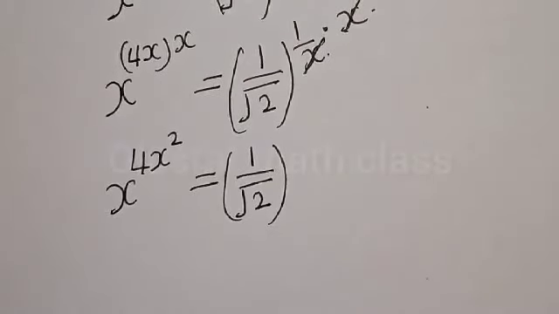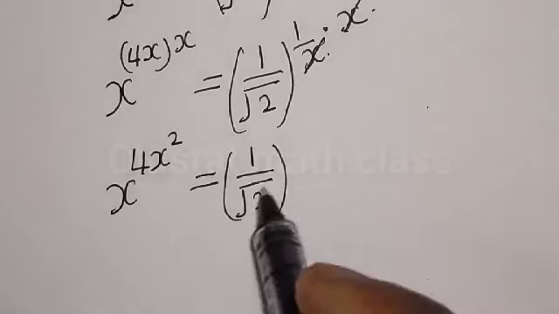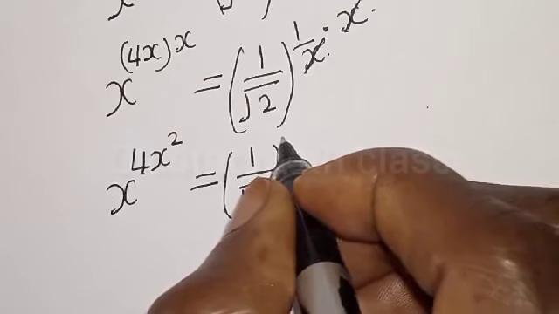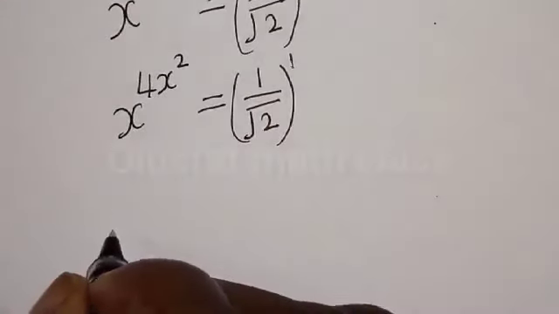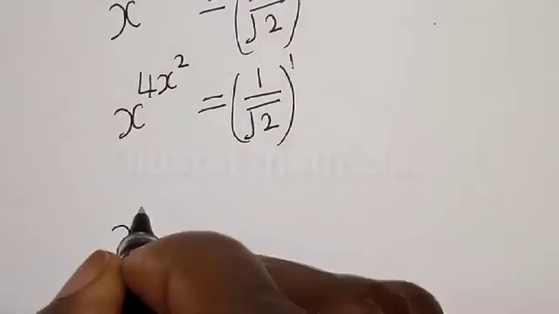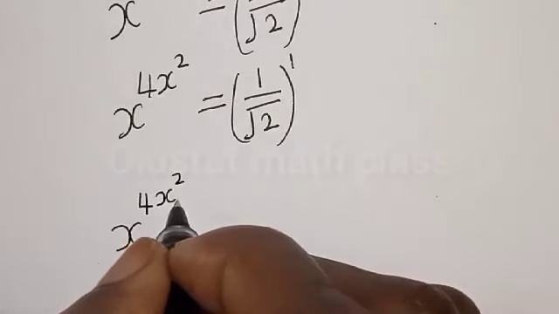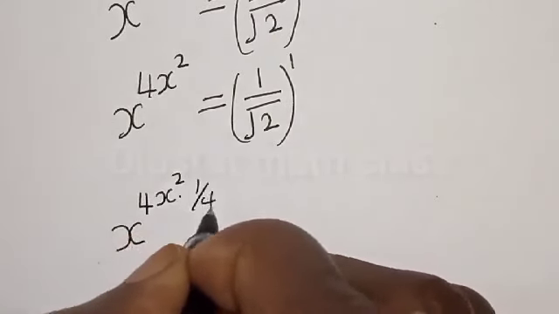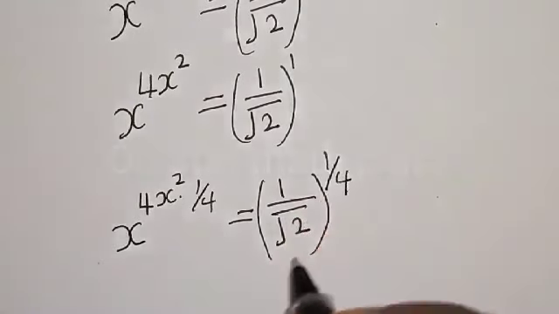Again, let's raise both sides to the power 1 over 4. Now remember that here x is also raised to power 1. Then we have x raised to power 4x squared multiplied by 1 over 4, raised to power 1 divided by 4.